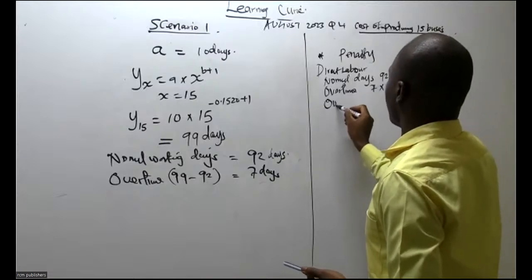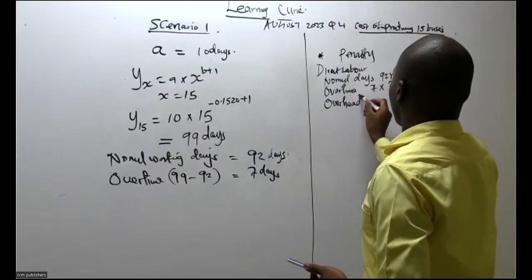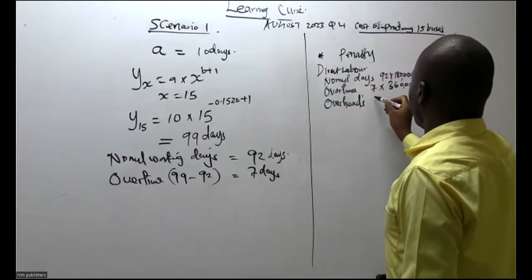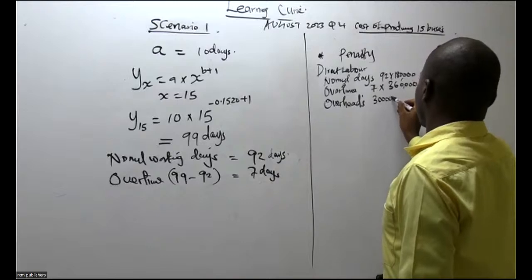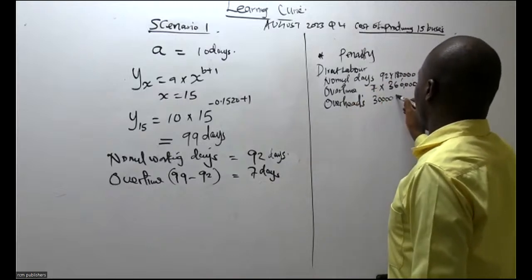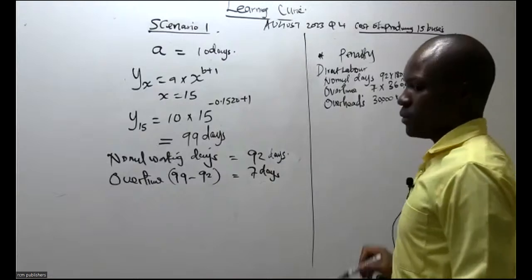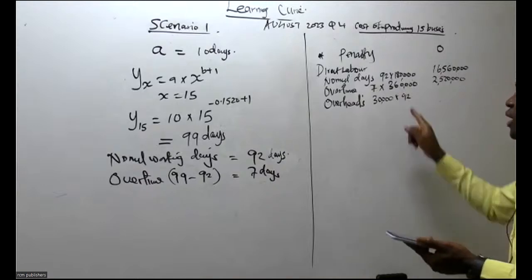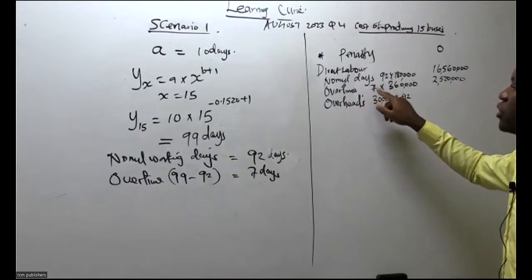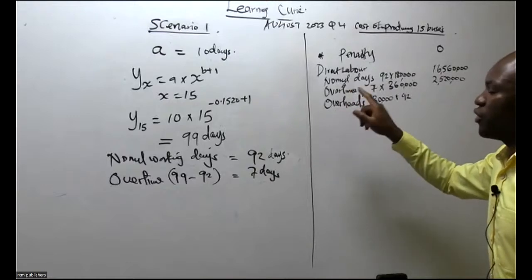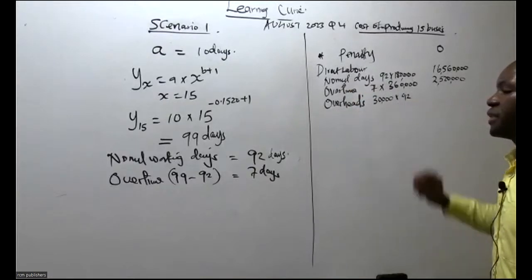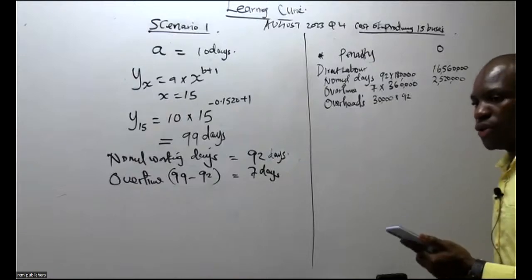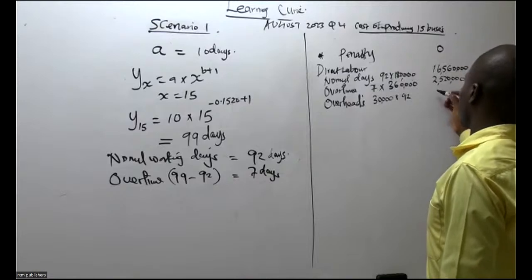The overtime will not be used to apportion the overheads. So how much is the overheads? 30,000 by 92. 2,760,000.